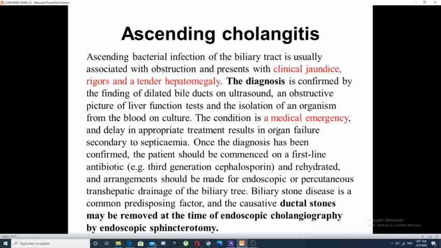Another group of affection of the liver is by bacterial infection, like ascending cholangitis. Ascending bacterial infection of the liver is usually associated with obstruction of the biliary tree. Patient usually presented with jaundice, rigor, tender hepatomegaly.